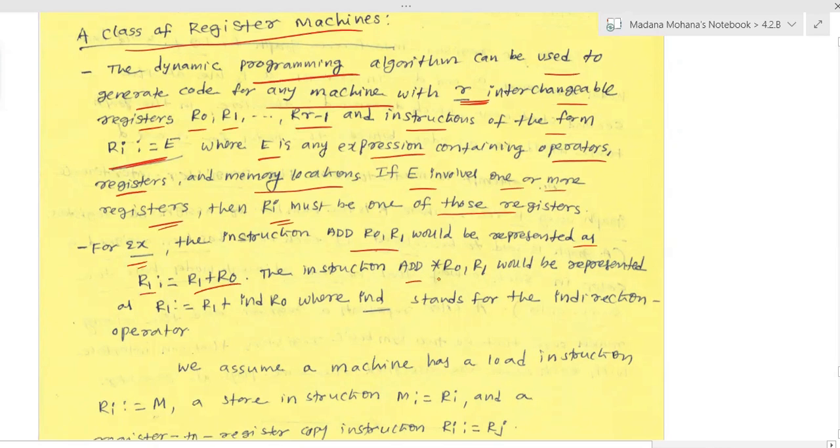Then the instruction add indirect R0, R1 would be represented as R1 equal to R1 plus IND R0, where IND stands for the indirect operator. So like that we can represent.